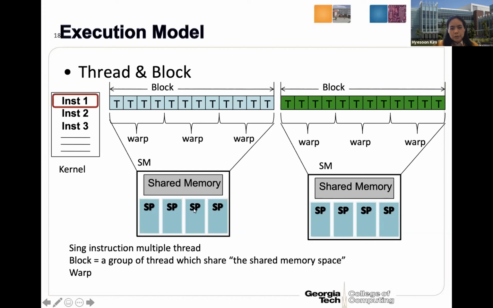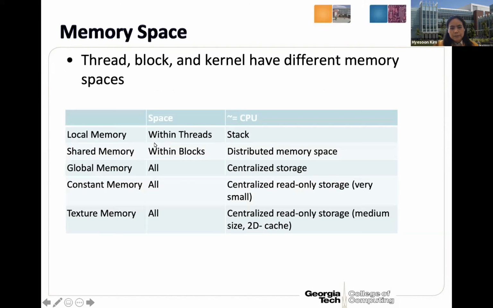And within the core, there are multiple stream processors, or they can also be considered vector units, vector lanes, to execute these threads. And even though the entire block will be located on one CUDA core, we need to execute one warp at a time, and the warp size can vary in some sense by microarchitecture.